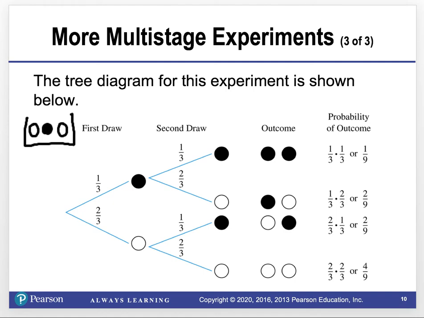Now notice, we're going to do this quite a bit. And a check for me is these probabilities I get here, they better add up to be 1, because remember, our sample space has to account for 100% of the possible outcomes. These all have a denominator of 9. 4, 5, 6, 7, 8, 9.